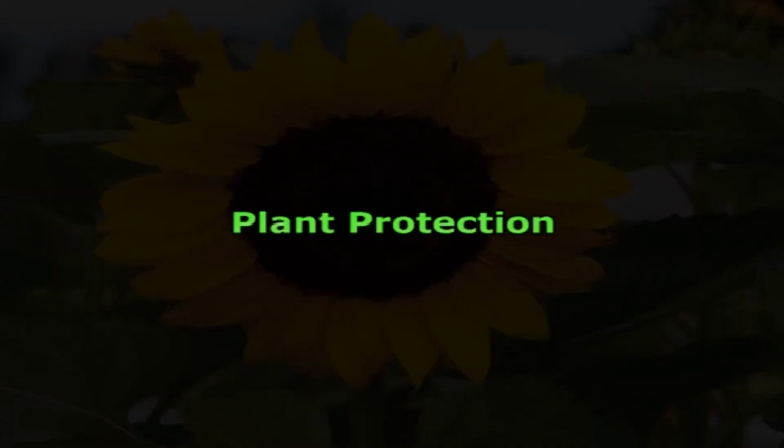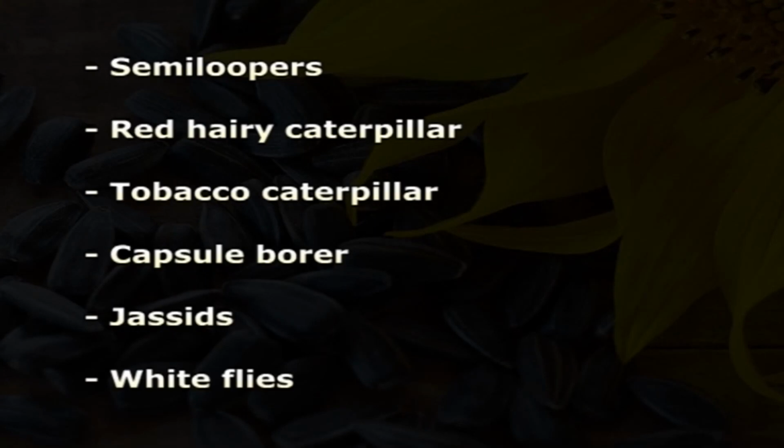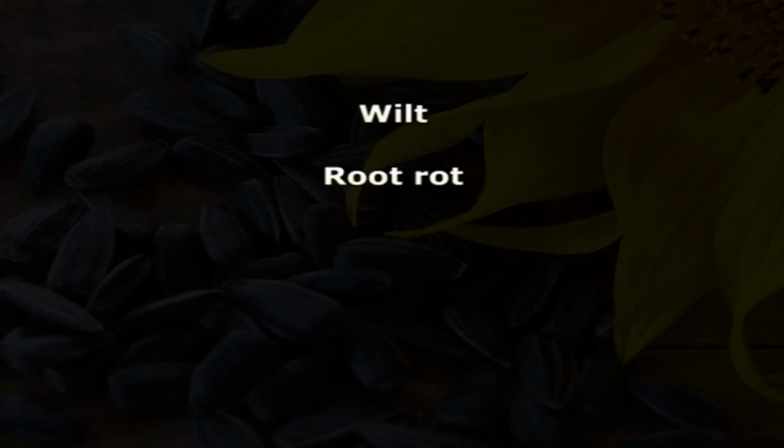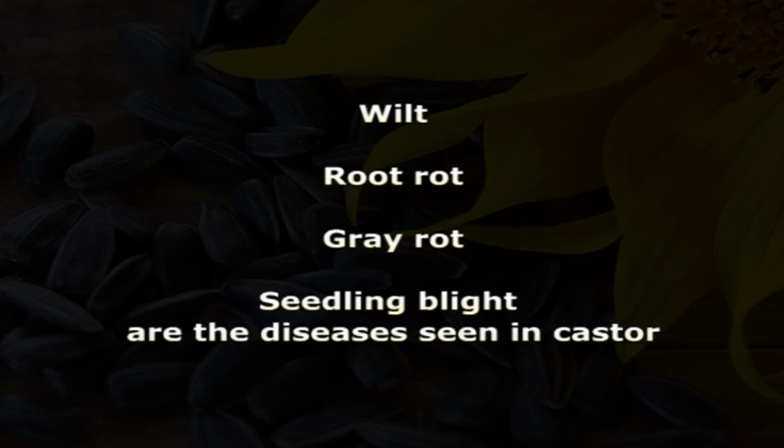Coming to plant protection, the semilooper, red hairy caterpillar, tobacco caterpillar, capsule borer, jassids and white flies are the major pests of castor. Wilt, root rot, grey rot and seedling blight are the diseases seen in castor. Pests and diseases can cause serious losses at any stage of growth and hence may be controlled by following appropriate control measures.